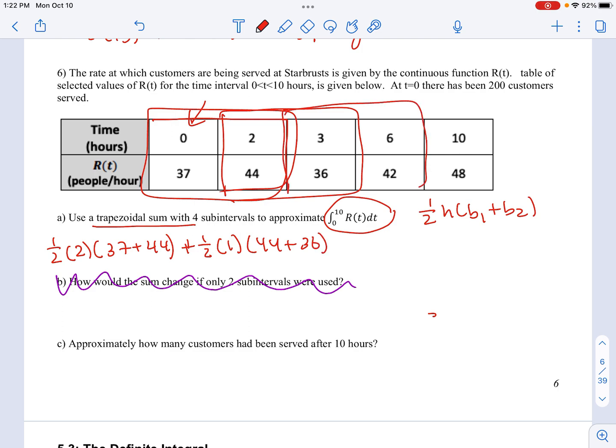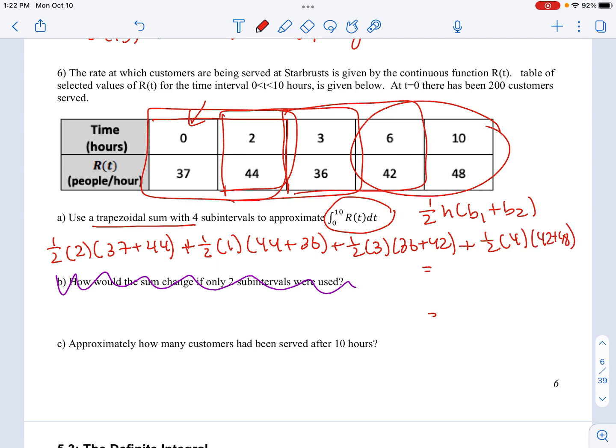So the pattern continues. 1/2, 3, 36 plus 42, and the last one would be 1/2, 4, and then 42 plus 48. And I believe if you punch out these numbers, you're going to get 418 people, and that would be this area underneath the curve.